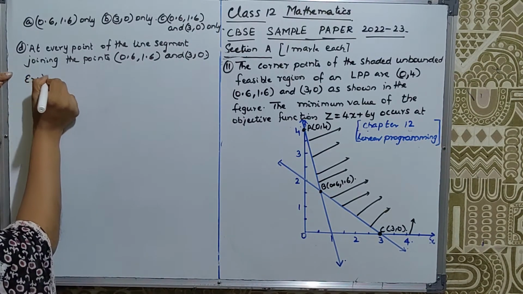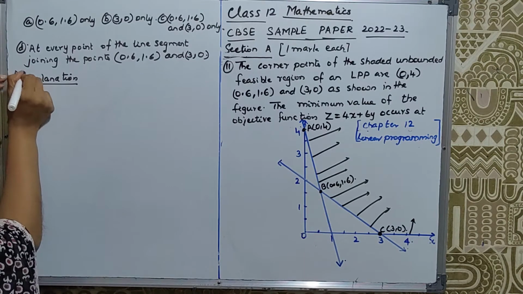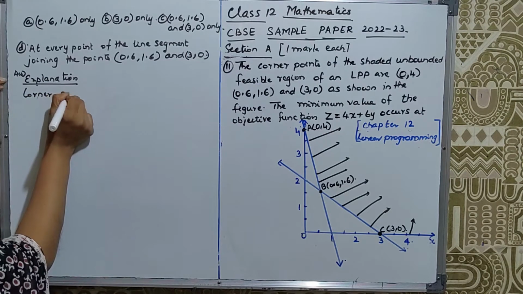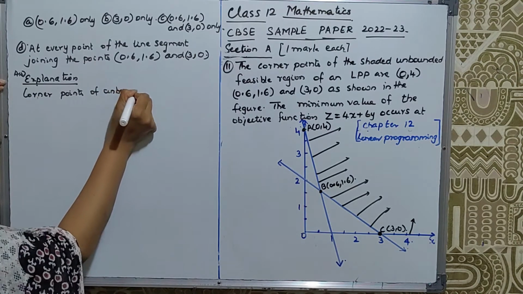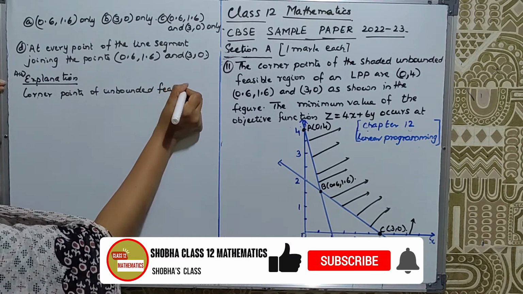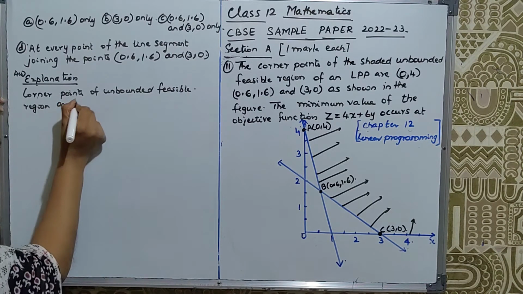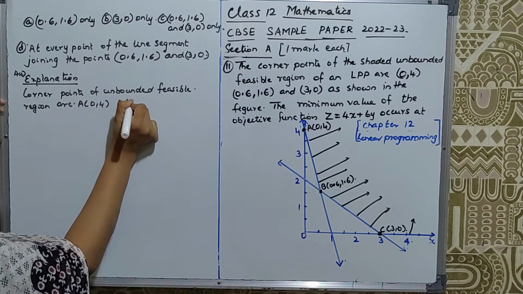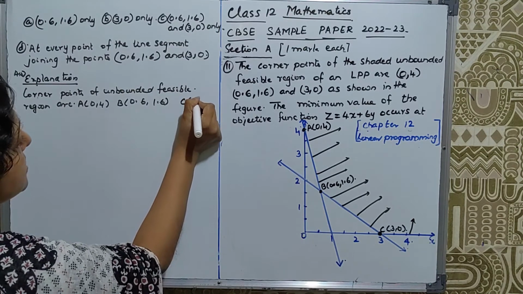The corner points of the unbounded feasible region are A (0, 4), B (0.6, 1.6) and C (3, 0).